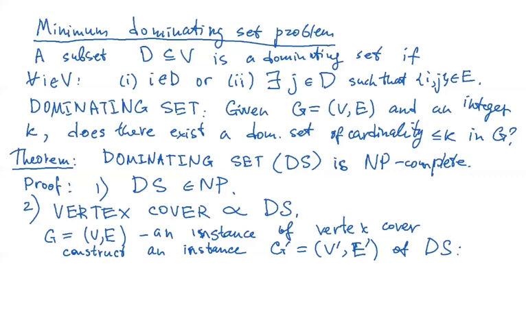So essentially in vertex cover, we are looking for the smallest subset of vertices that will dominate edges in a way, right?